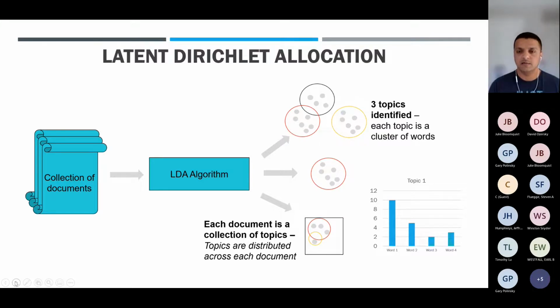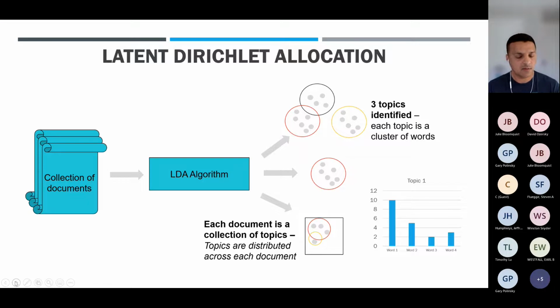So this slide gives a very, very high level pictorial overview of what exactly a latent dialect allocation algorithm is. On the left hand side, you start with a collection of documents. A document is simply a text file or multiple text files.